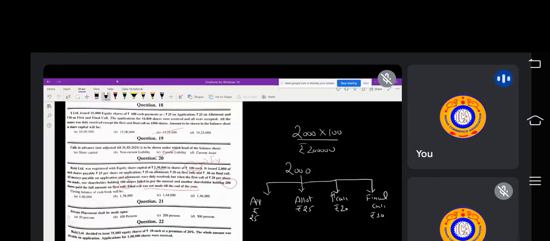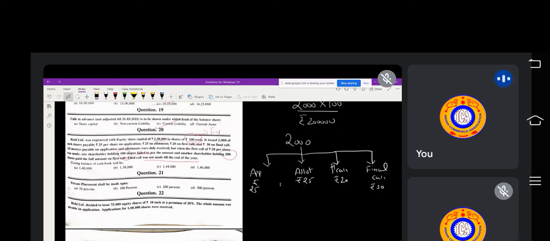Okay, so the company has received application money without any issues. Even allotment money they have received completely. So let us calculate the amount they have received on application. 2,000 shares into 25 will give you an amount of rupees 50,000.